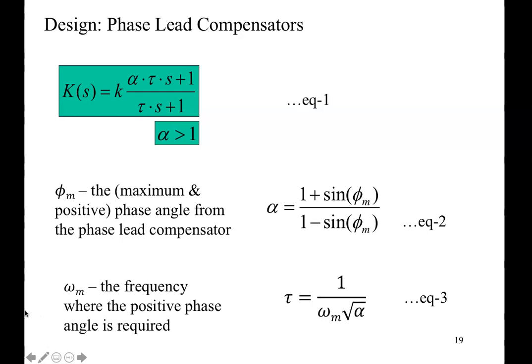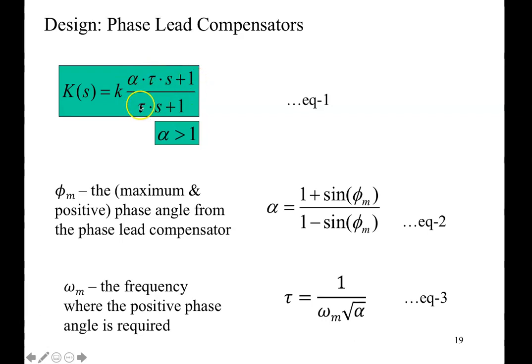Okay, the phase lead compensator has a transfer function as shown in equation number 1 here. So K(s) equals some small k, which is the control gain, which is also the DC gain of that transfer function. The transfer function K(s) equals k times, in the numerator, alpha times tau times s plus 1.